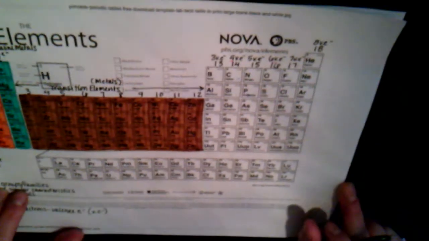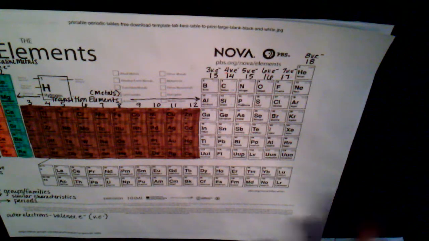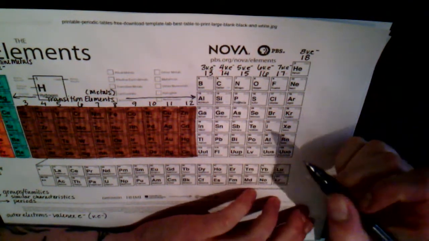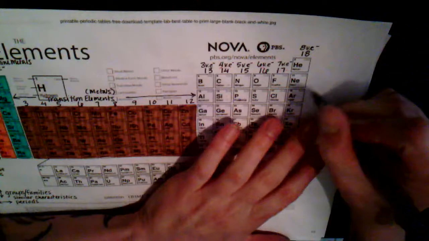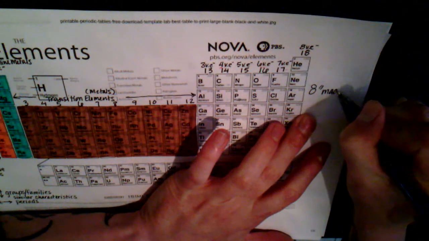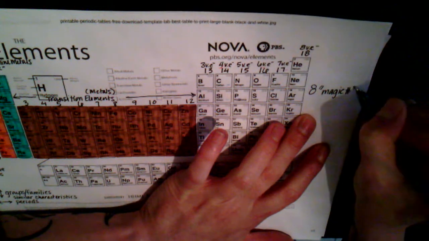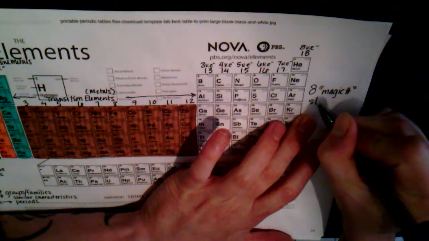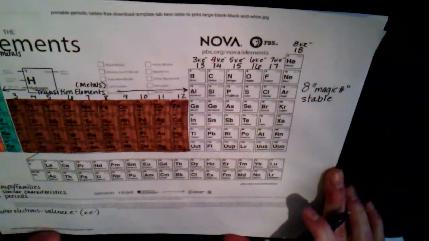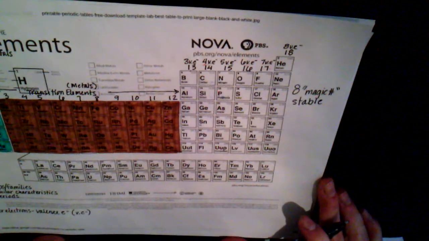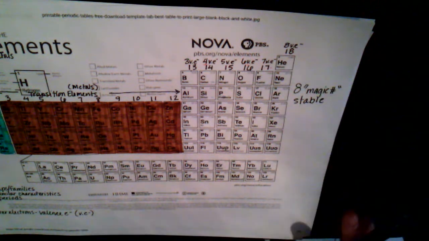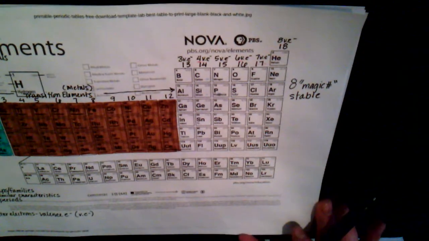Okay. So let's move over to this side. I just told you that this last group has 8 valence electrons. So 8 is the magic number to be stable. Everything wants to get to the number 8 to be stable for valence electrons. Since this row is already at 8, it's stable.